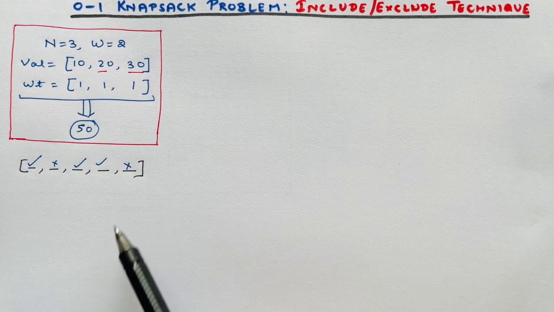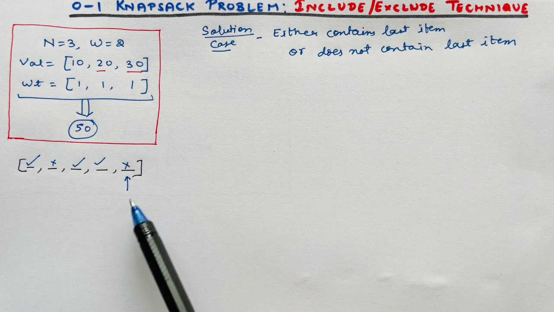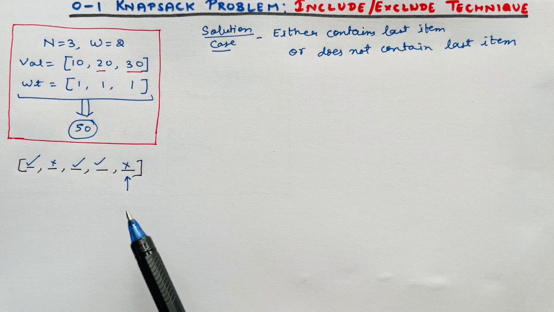Looking at this, we can definitely say one thing about that solution, whatever our example: that solution will either contain the last item or it won't contain the last item. This is a fair statement to make.